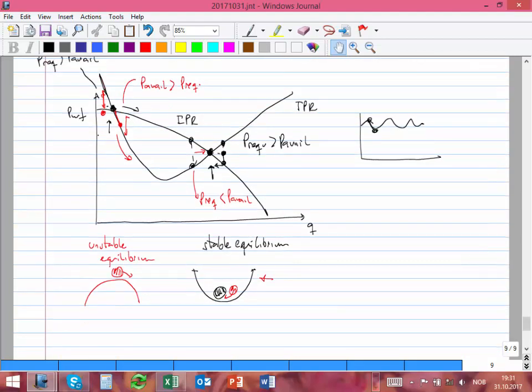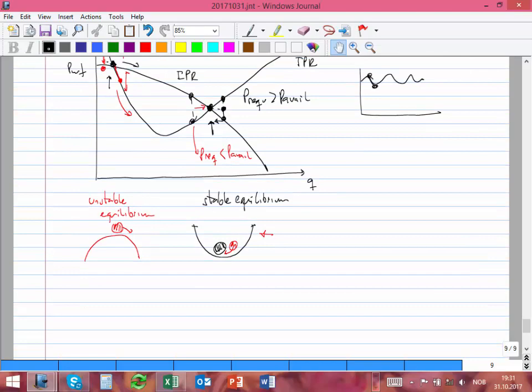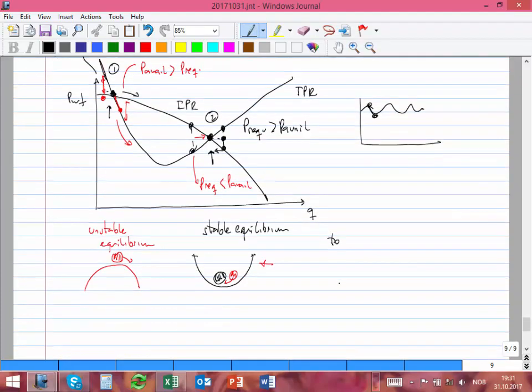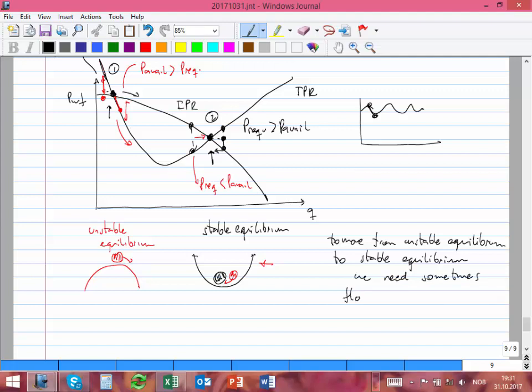So let's call this point 1 and point 2. And to move from unstable equilibrium to stable equilibrium, we sometimes need what are called flow induction methods.